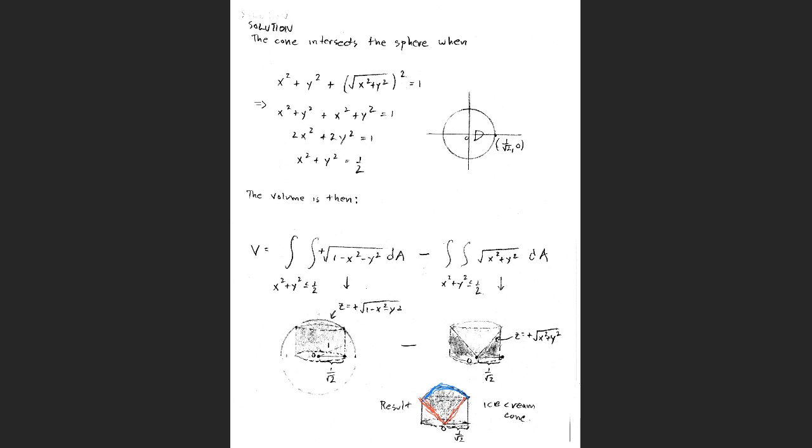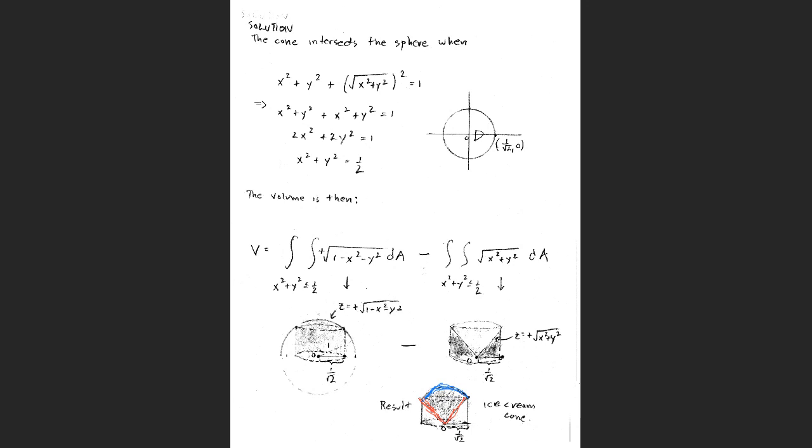So the ice cream cone, unlike the previous example, where the top surface was the paraboloid, but the bottom surface of the paraboloid was just the XY plane.